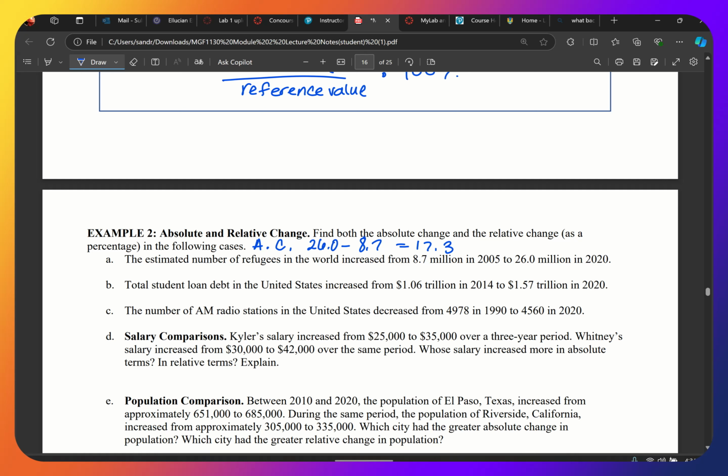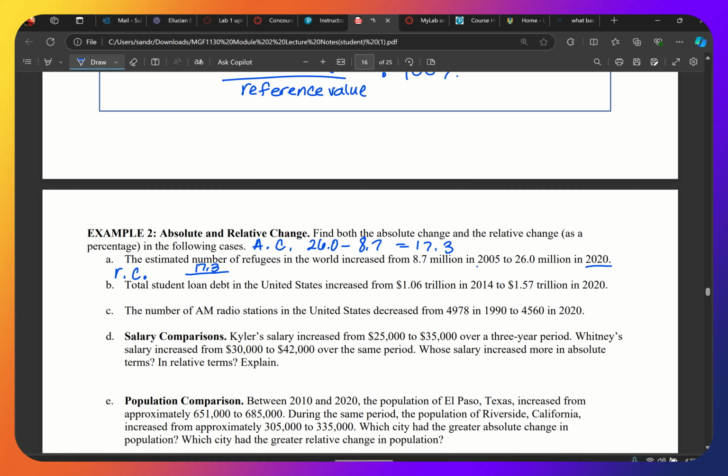Now, what about the relative change? Let's call this RC. Well, this is going to be your absolute change, which is 17.3, over the reference value, which was the original value, which is what? That's in 2020.